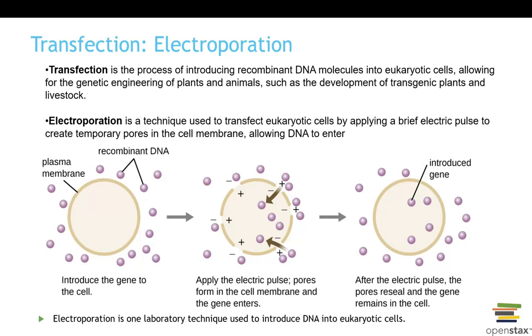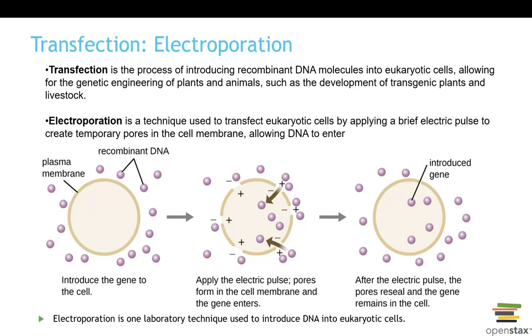So there are several techniques that they use in order to transfer this recombinant DNA into plant and animal cells in order to make genetically engineered plants or animals. One of the techniques is called electroporation.